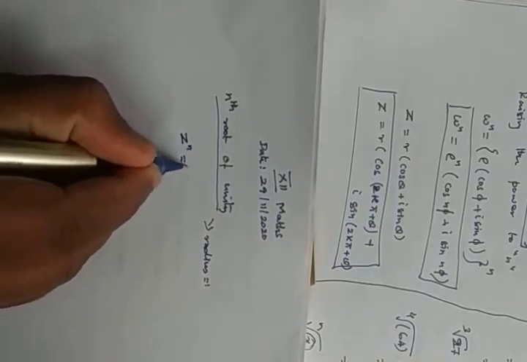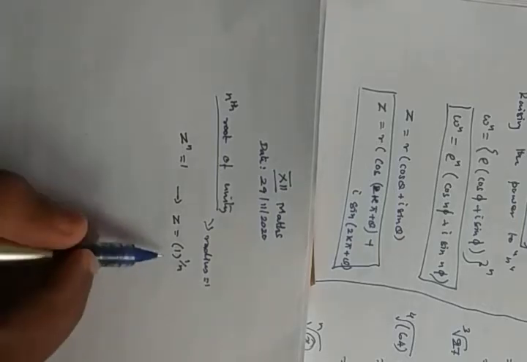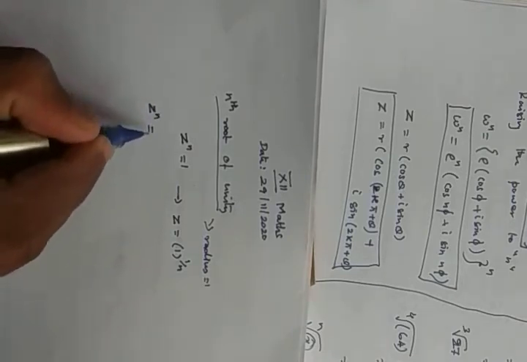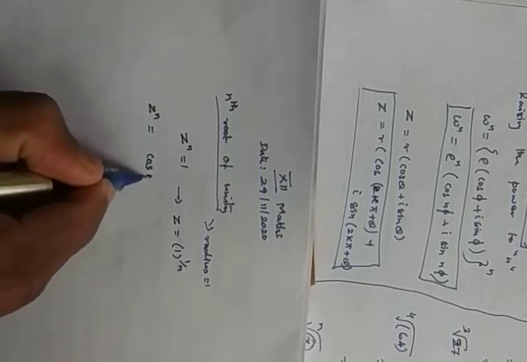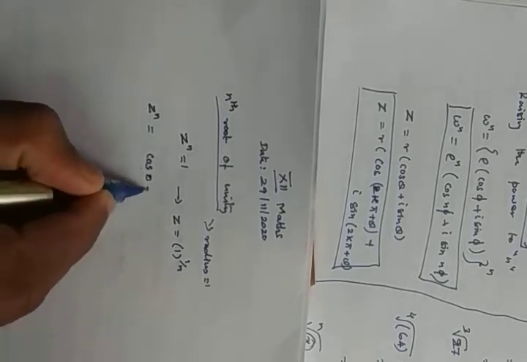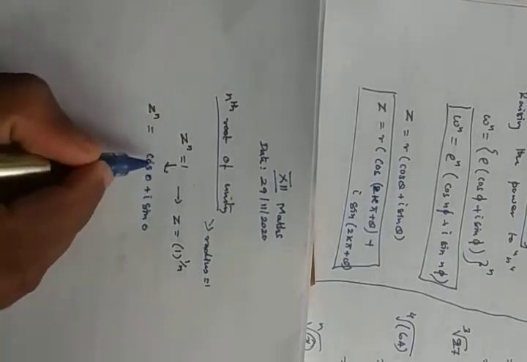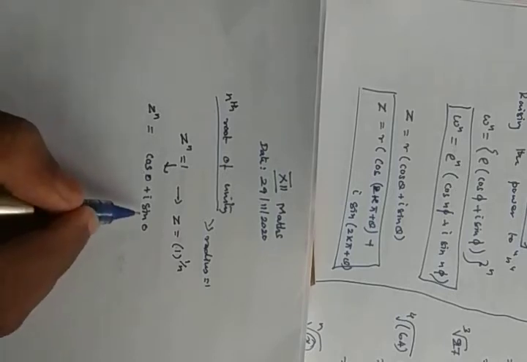That means we need to take z power n equals 1, a complex number. For this we are going to find z, so for 1 we need to write the nth root. Generally, 1 is nothing but cos 0 plus i sin 0, because cos 0 is 1 and sin 0 is 0, and 0 into i is 0.